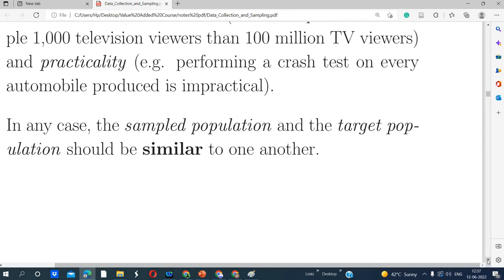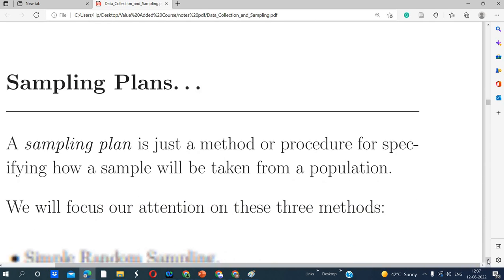If you are designing a product for a low income group, it should be according to that. If you are designing a product for the middle class, it should be according to that. You can take the sample according to the target population. So it should be similar, it should be realistic.